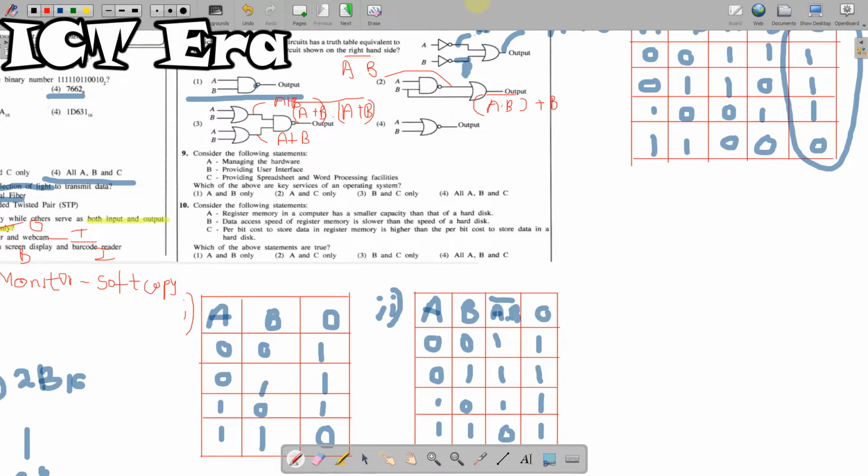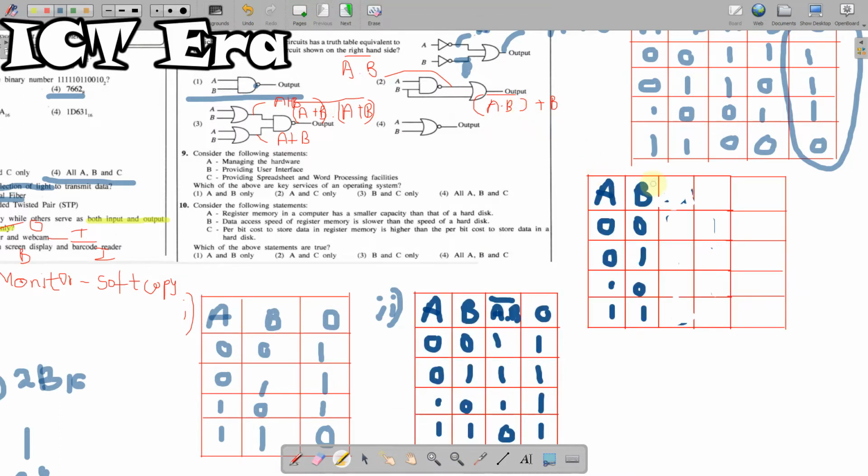Okay, let's write it. Then here I will write A plus B, then here also A plus B, and then the final output.